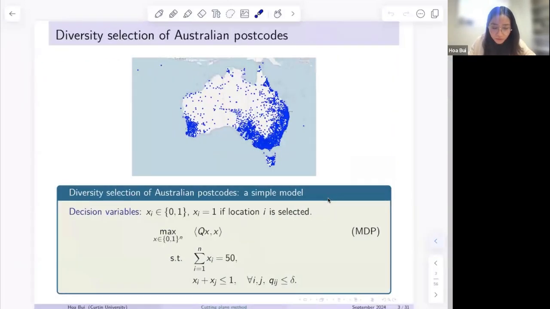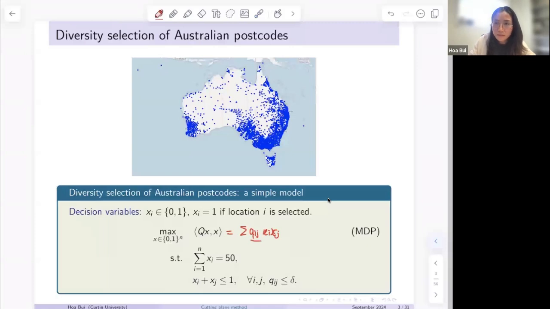The model of this problem is quite simple, similar to knapsack or quadratic knapsack problems. The decision variable we're going to have is x_i belongs to {0, 1}. It is 1 when the location is selected. The objective here is the sum of distances between your selected locations. This is q_ij x_i x_j, which means that if locations i and j are selected together, then we count the distance between them.